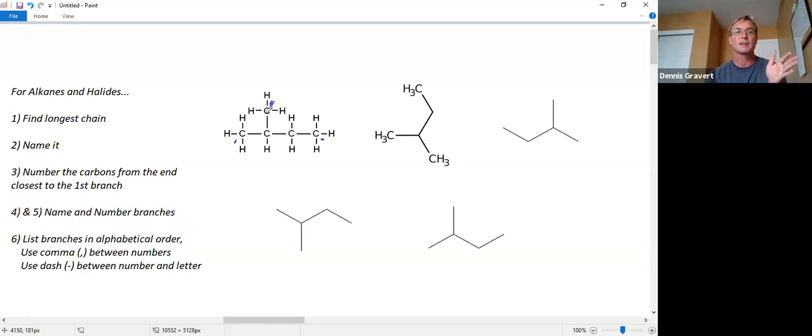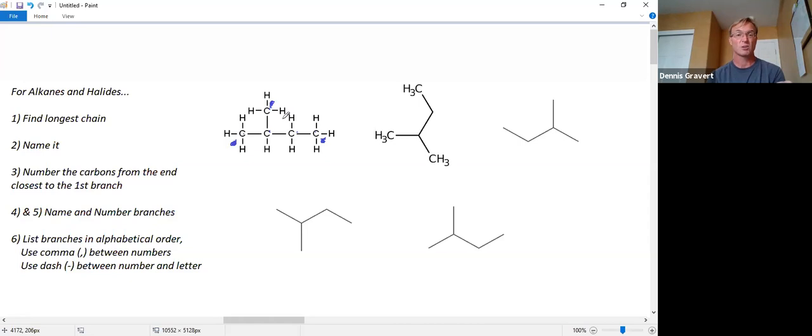Starting here and going to here, there's 1, 2, 3 carbons. Starting from here, ending here, there's 1, 2, 3, 4 carbons. And then finally, from here to there, there's 4 carbons again. Okay, the 3 carbon chain loses. That's not the longest. There are 2 ways of getting 4 carbons.